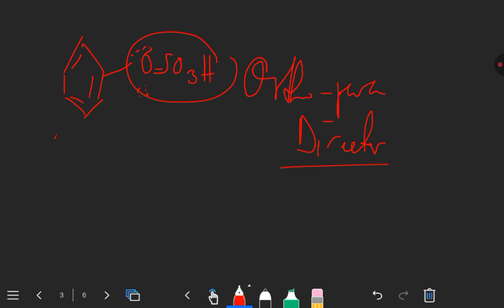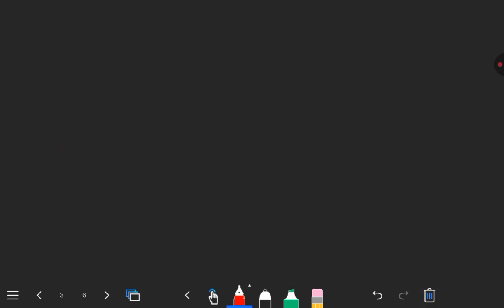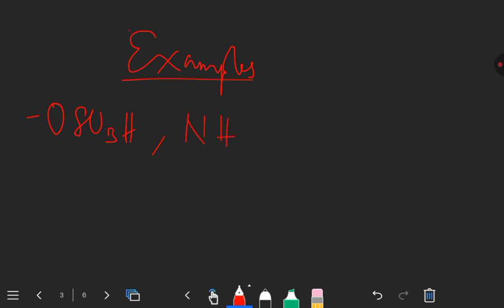Now let's look at other examples of ortho para directors. You might find a certain element apart from this one. Also, this compound NH2, which is just an amine.